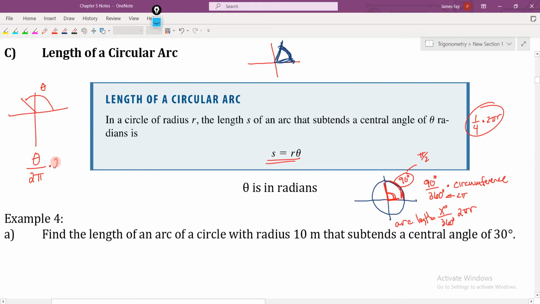Then if I multiply that by 2 pi r, we can see right away that the 2 pi's cancel, and it just leaves theta times r. So arc length, which we denote with a lowercase s, is r times theta, as long as theta is in radians.